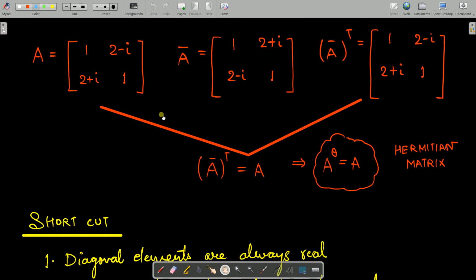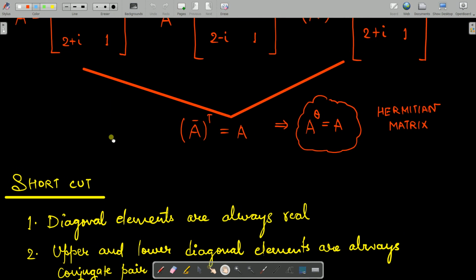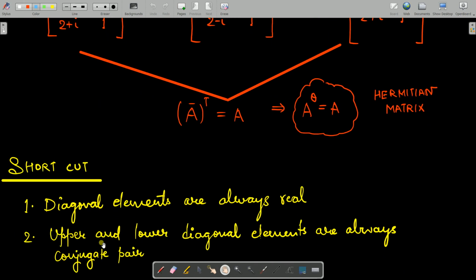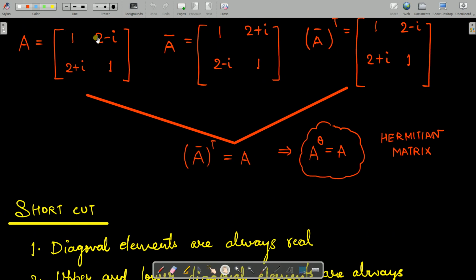Let's check these two conditions here. First condition: along the diagonal, are all the diagonal elements real or not? Can you see all the diagonal elements are real? Yes, they are 1 and 1. 1 is a real number, 1 is a real number. So all the elements in the diagonal are real numbers. Second, the upper and lower diagonal elements have to be conjugate pairs. Here, 2 minus i is the conjugate pair of 2 plus i.